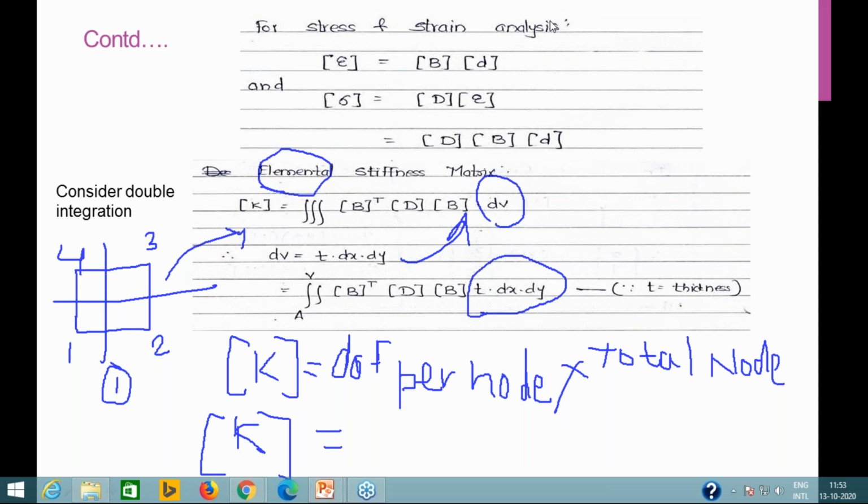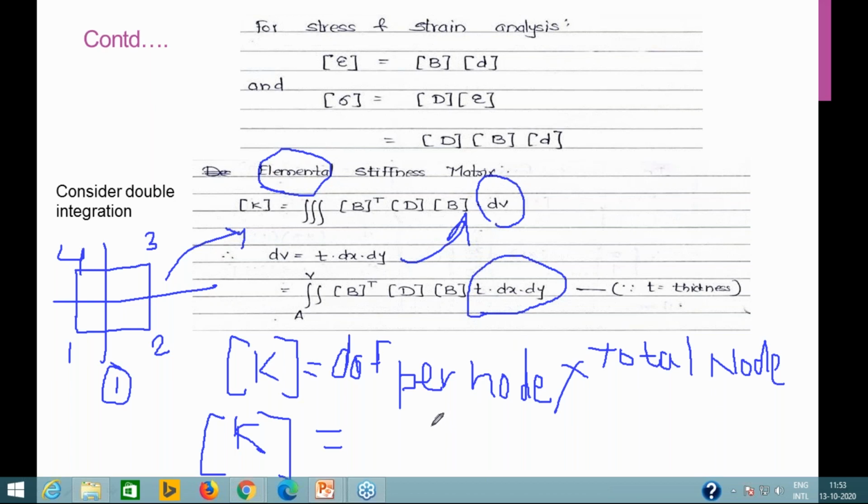I want more answers because I want to know how you are thinking about this and to what extent your concepts are clear. I got an answer from Tanmay. Now, first of all, tell me the degree of freedom per node for this rectangular element. Is it 2, 3, 4 or 1? It is a two-dimensional element.